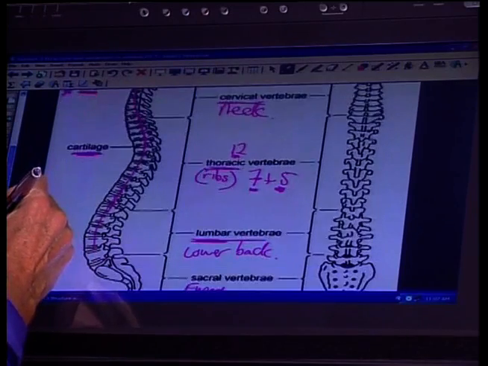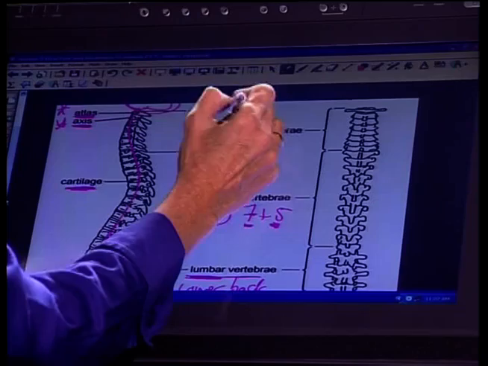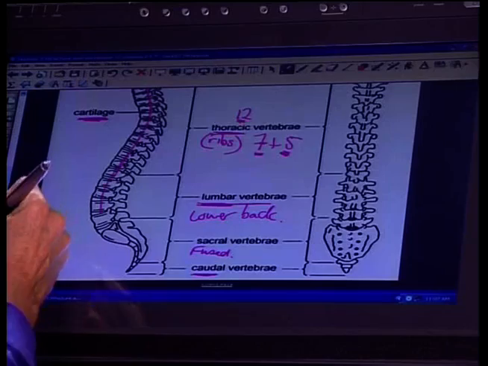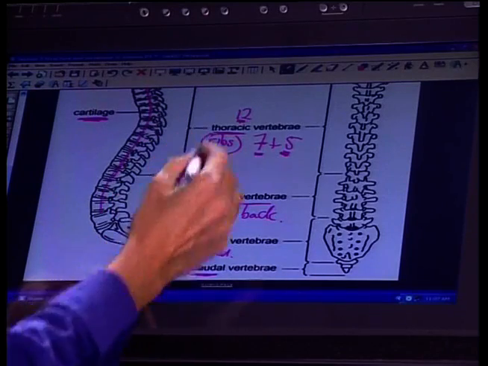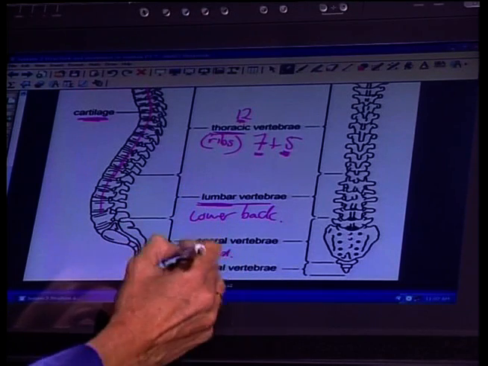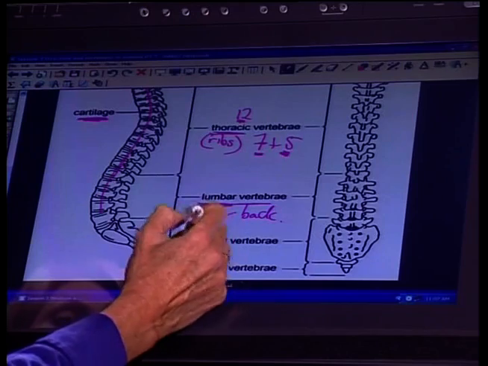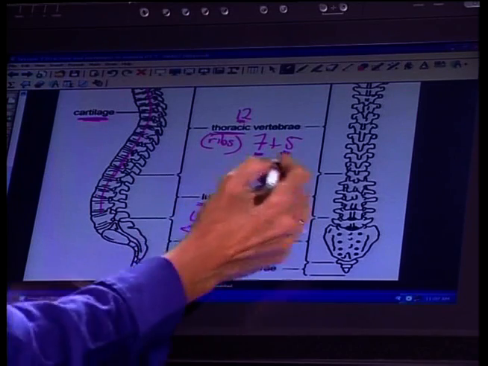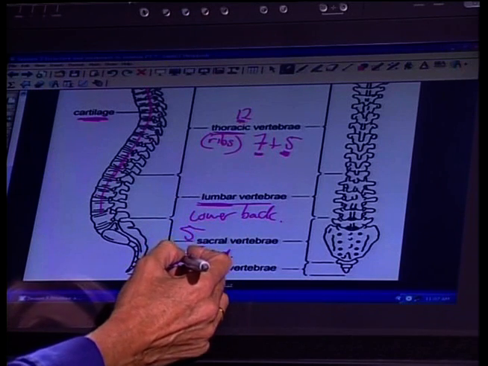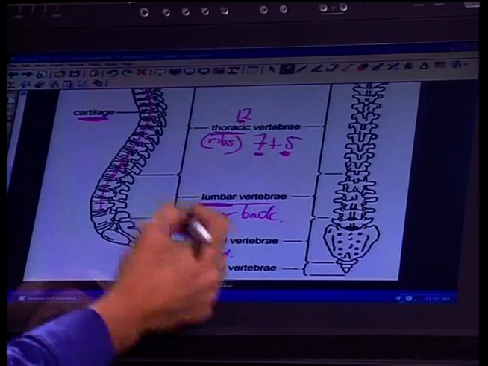Okay, if we look at, we've already got 7 cervical vertebra, plus 12 is 19. So between this now, we have 24 vertebrae that we still have to account for. Caudals, we have 4. Sacral, there are 5 fused. So your lumbar vertebrae are going to make up the difference between 23 and 28.